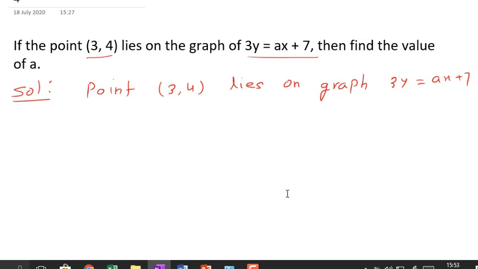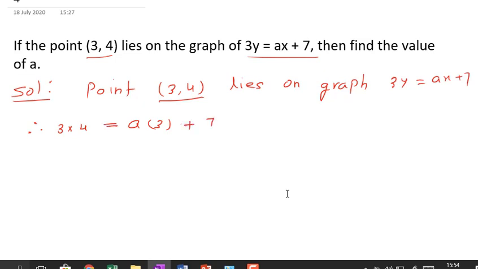Now as (3, 4) lies on this graph, this point will satisfy this equation. So in place of y we put 4 and in place of x we put 3. So 3 into 4 is equal to a into 3 plus 7.